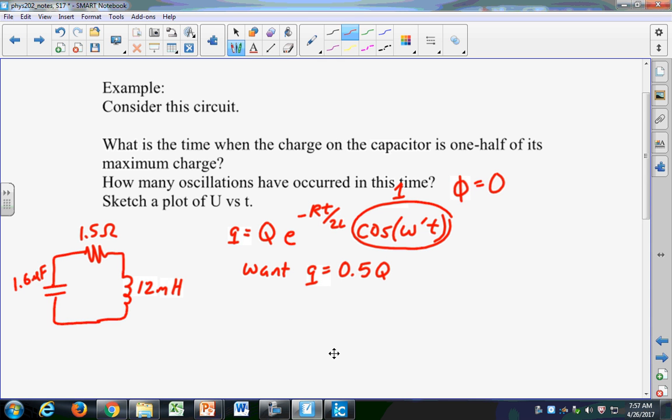Half the maximum value. So we'll have 0.5 Q is equal to Q times e to the minus Rt over 2L. My Q's are going to cancel out. And then I can solve this for t. So I get the natural log of 0.5 is equal to negative Rt over 2L. That's going to be 1.5 t divided by 2 times L, which is 12 times 10 to the minus 3.